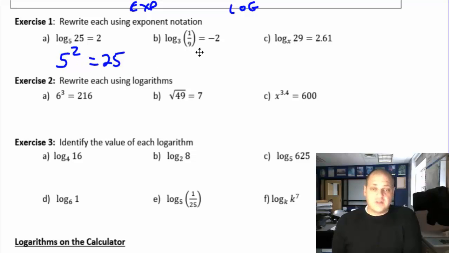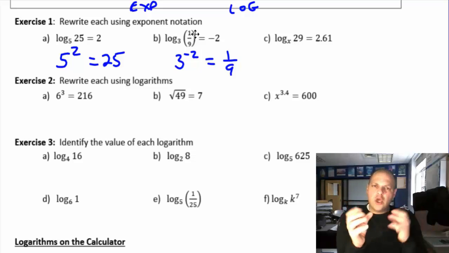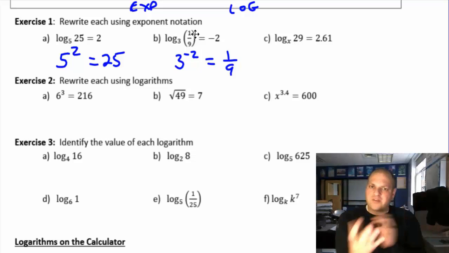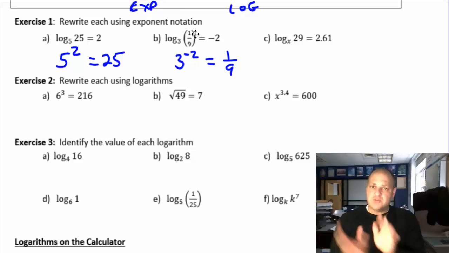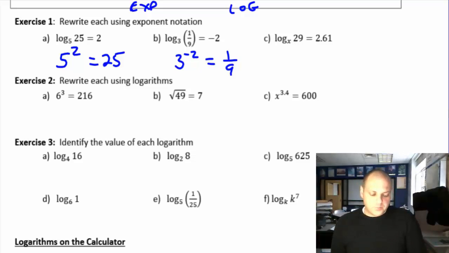If it's not true, you did something wrong, obviously. The base is 3. Exponent's -2. 3 raised to the -2 equals 1/9. Equals the amount. There's the amount. See, this whole lesson is just getting you to understand where's the base, where's the exponent, where's the amount go. Very, very important to know how to go between log and exponential form. That's what this whole lesson's about.